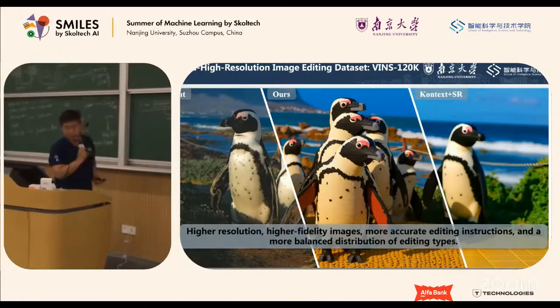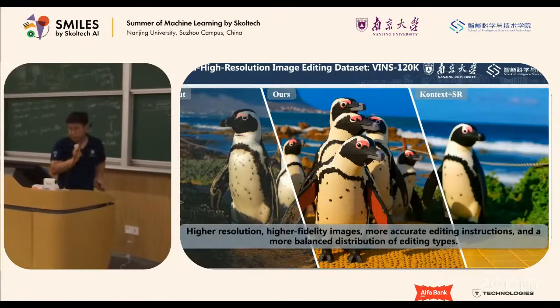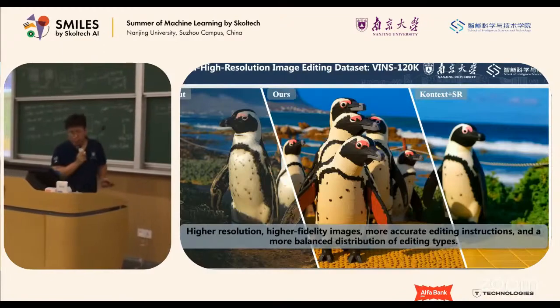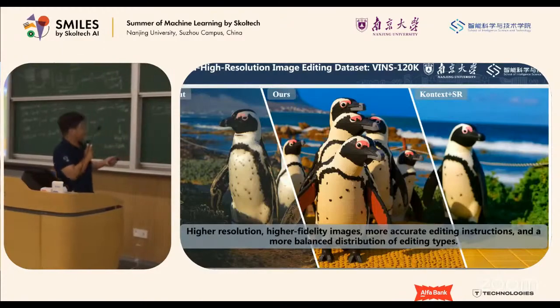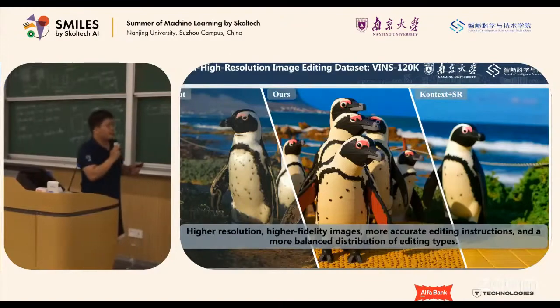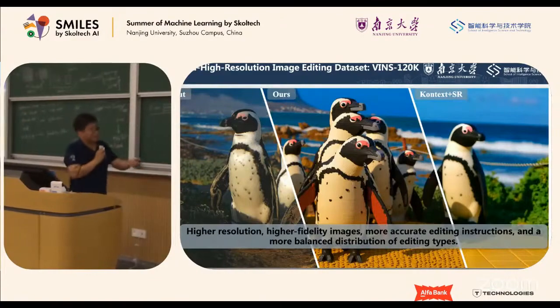The third one is the instruction accuracy. The data in WINS are manually checked to ensure the instruction and the ground truths are consistent. And finally, a more balanced distribution of editing types. Here is an example.